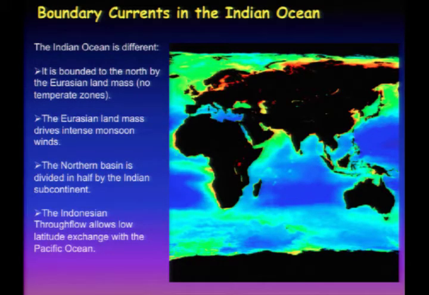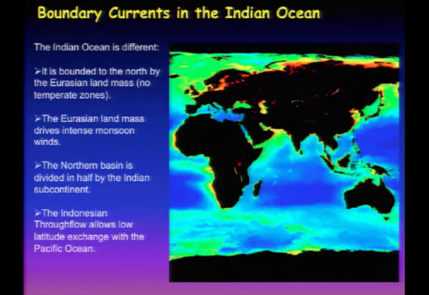So, as Waji and others have said, the Indian Ocean is really different. It's bounded to the north by the Eurasian landmass. That landmass drives the intense monsoon winds. I think also importantly, the northern basin is divided in half by the Indian subcontinent, which gives, as has been discussed by Dennis, some very different properties between the Arabian Sea and the Bay of Bengal.